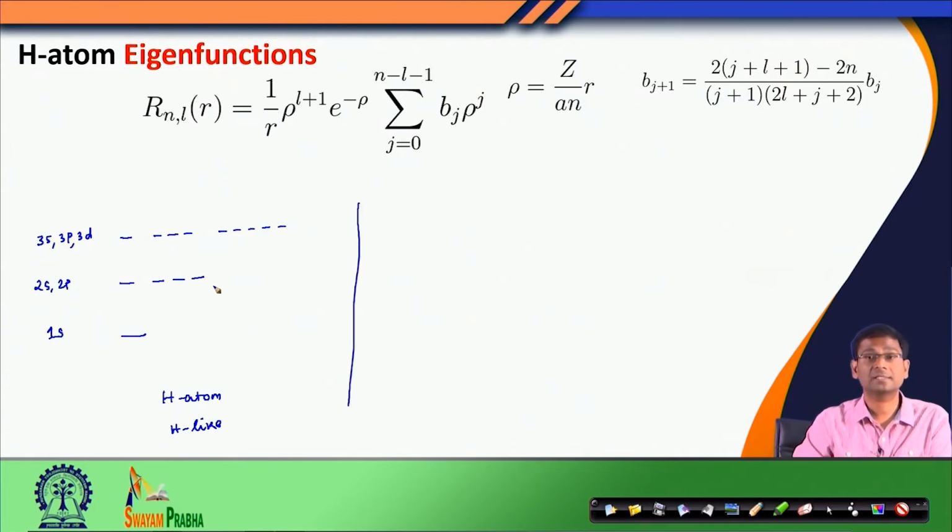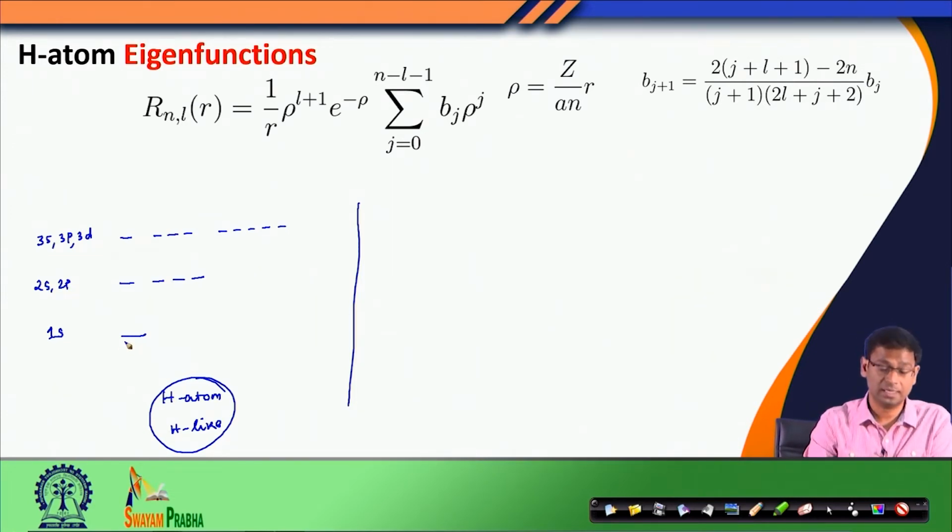But this way of writing energy level is true only for hydrogen atom or hydrogen-like atom when there is only one electron. Only when there is one electron you have this kind of degeneracy. When you have not hydrogen-like atom, for example helium without a plus charge, or lithium or any other heavier elements where you have more than one electron, this beautiful degeneracy that we see in hydrogen atom is no longer there.